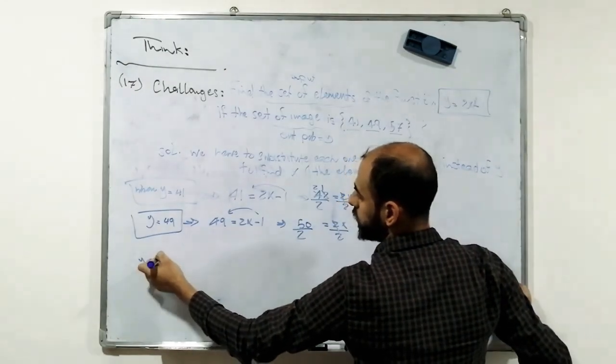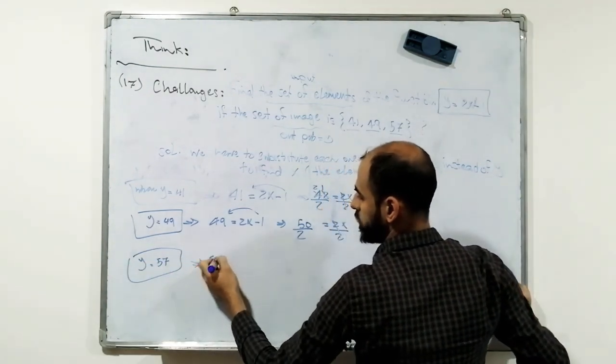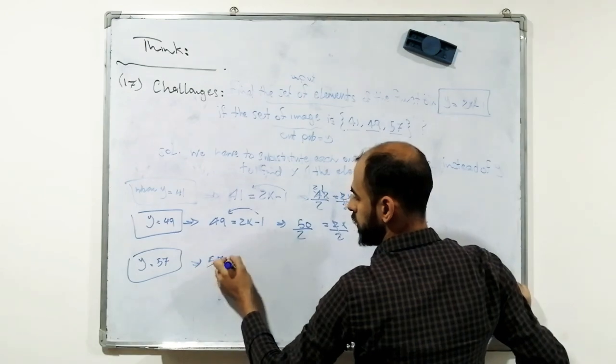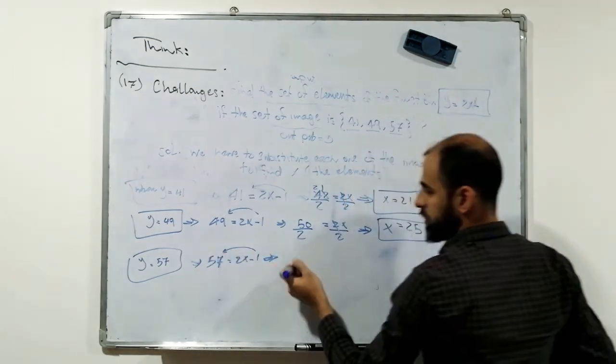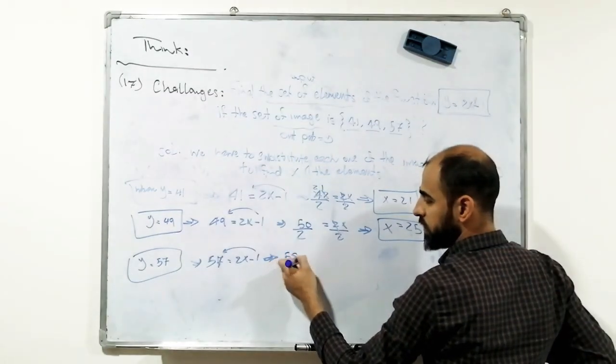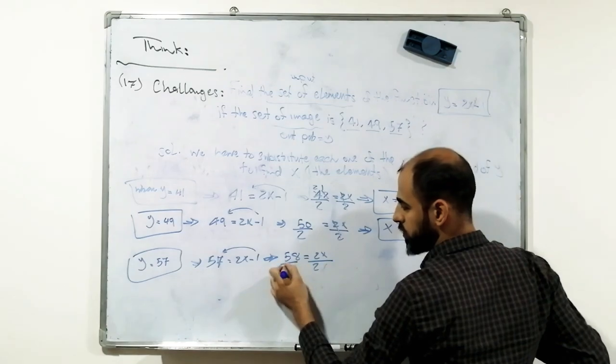Now when y equals 57, substitute the value of y: 57 equals 2x minus 1. Put the variable on one side and the number on the other side: 58 equals 2x, dividing over 2 on both sides.